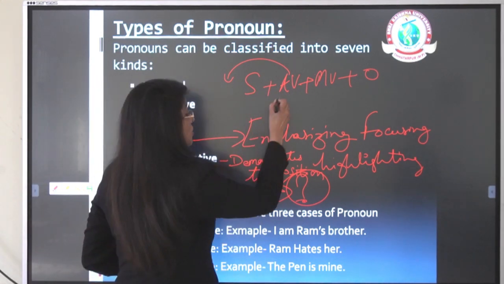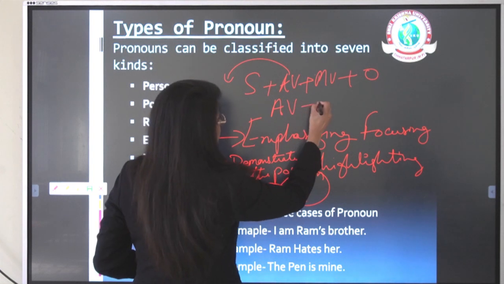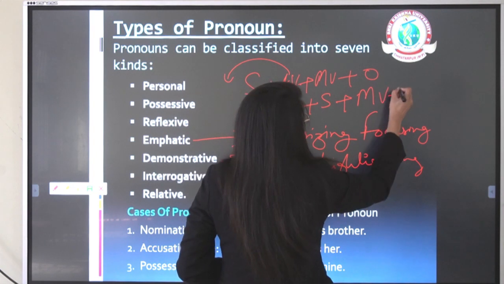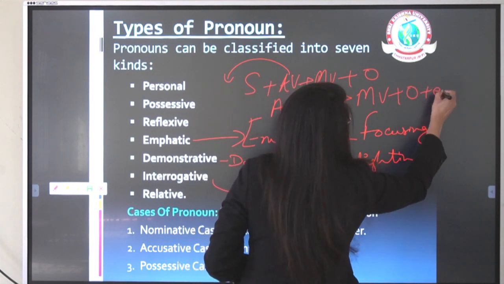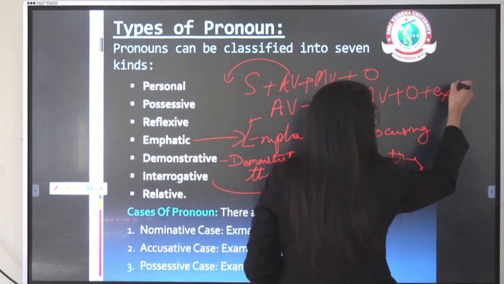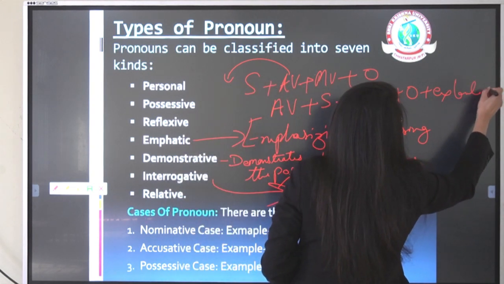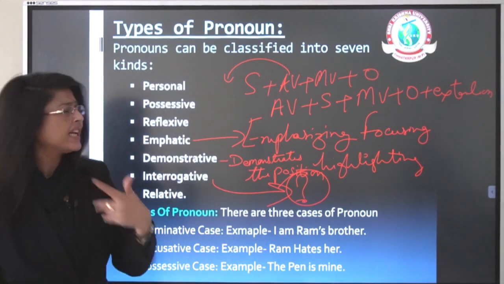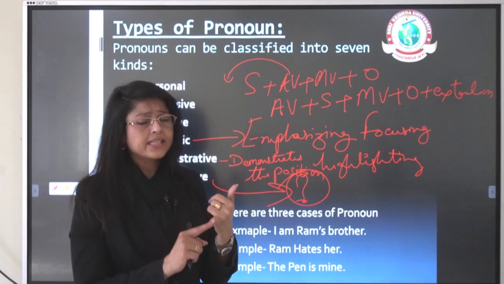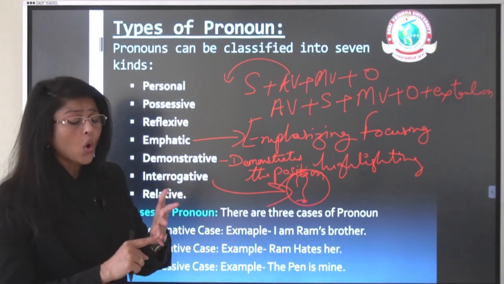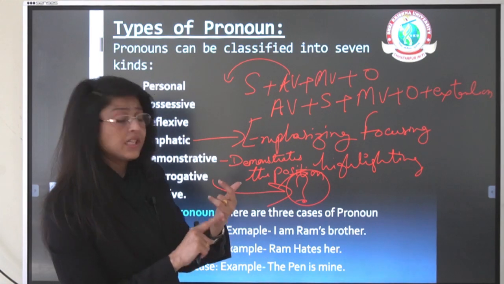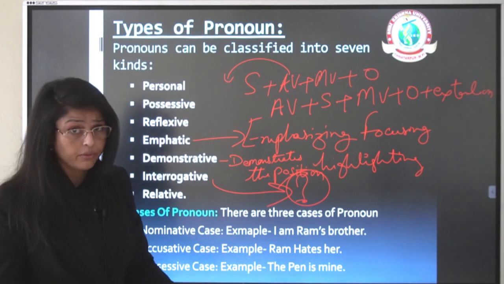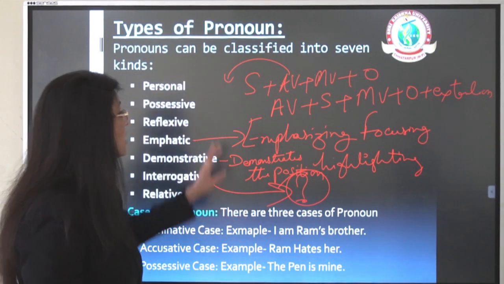So the sentence structure changes to auxiliary verb plus subject plus main verb plus object plus extension, whatever extension you want to give to the sentence. Okay, so this is how the basic sentence structures are. Let me quickly give you a briefing about what auxiliaries are: am, are, was, were, did, does, do, has, had, have. These are the basic auxiliary verbs. As of now, just remember that.